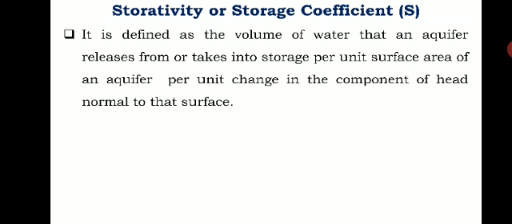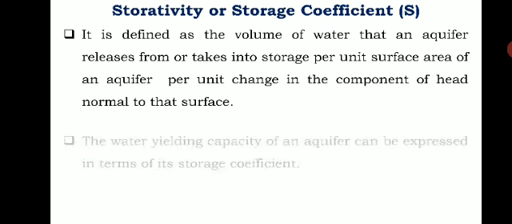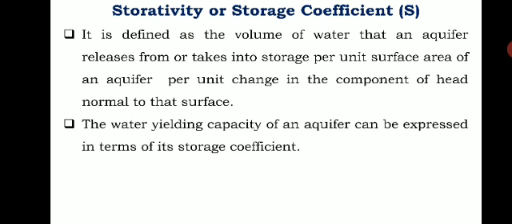So it is defined as the ratio of the volume of water that an aquifer releases from or takes into storage per unit surface area of an aquifer per unit change in the component of head normal to that surface. That is called the storage coefficient.